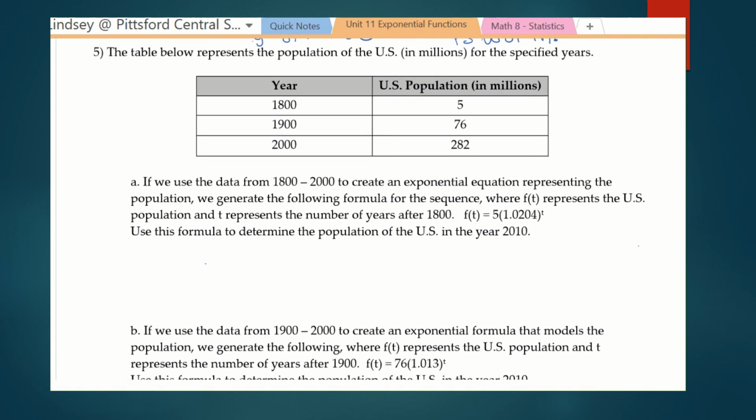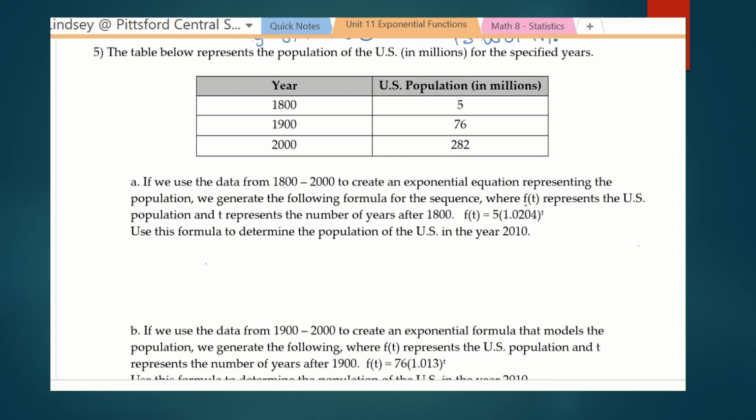If we use the data from 1800 to 2000 to create an exponential equation representing the population, we generate the following formula for the sequence where f of t represents the U.S. population and t represents the number of years after 1800. Okay, so just underlining some key things here.